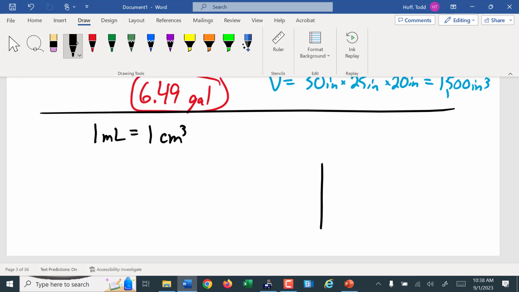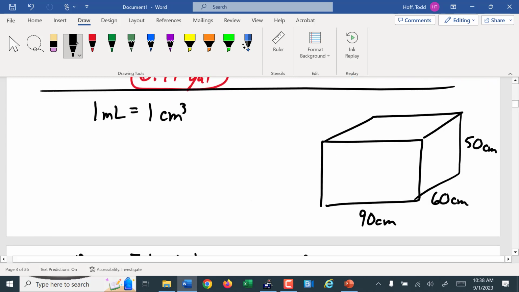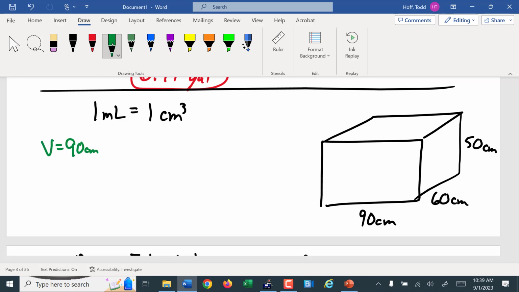So if I have a tank that is 90 centimeters by 60 centimeters by 50 centimeters, I find its volume by doing 90 centimeters times 60 centimeters times 50 centimeters.